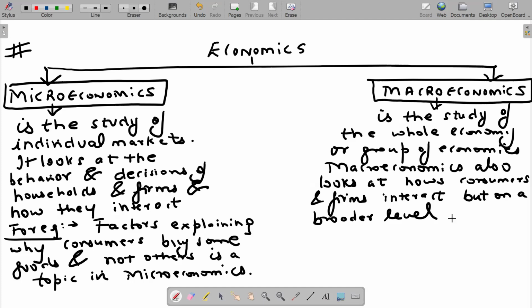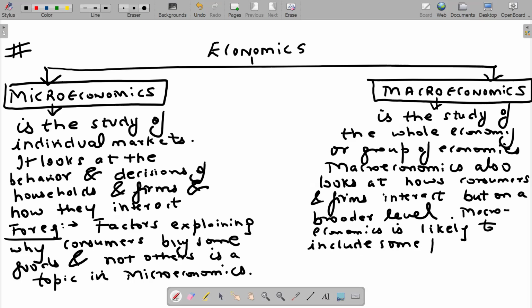And I can also write that macroeconomics is likely to include some form of government involvement. You always have some intervention from the government.